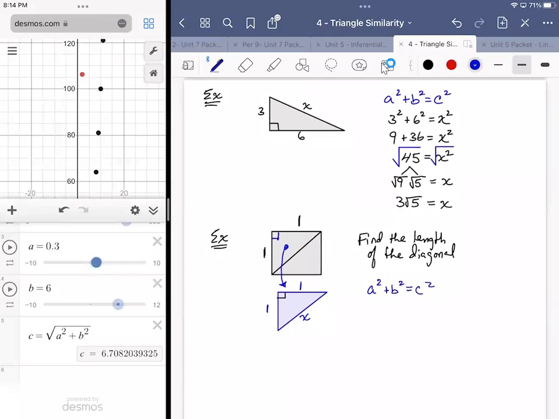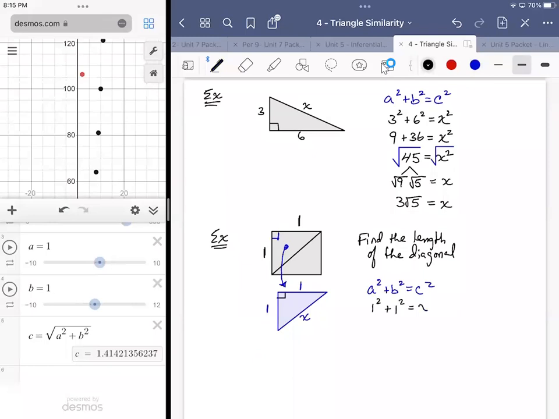If you try it on Desmos with the a value of 1 and the b value of 1, you get a decimal value. Sometimes you could recognize the decimal value. Through experience, I know that's radical 2, but you can't always count on that. There's a lot of decimals out there. To expect to recognize them all is unreasonable. So we go through the process.